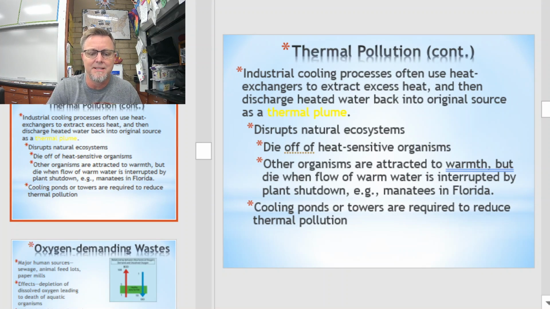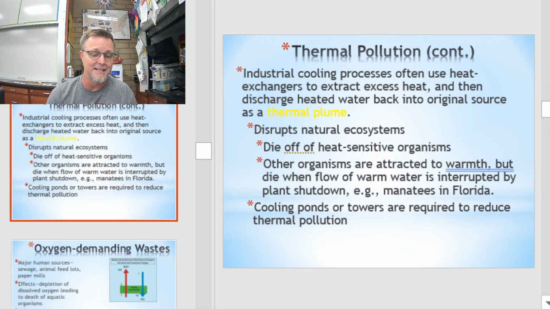Industrial cooling processes and nuclear reactors are the culprits. They often are right by the coast, and they pull in the cold water, use some sort of heat exchange system, and then pump out the hot water in what we call a thermal plume. And it disrupts natural ecosystems.